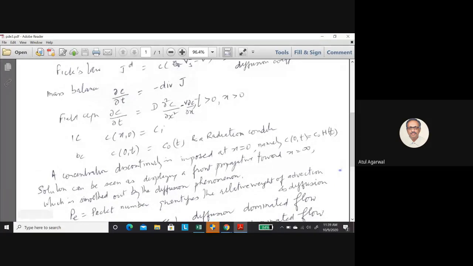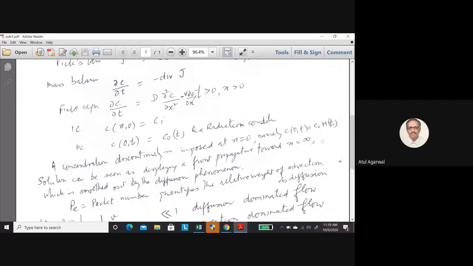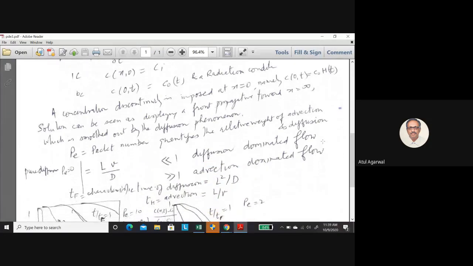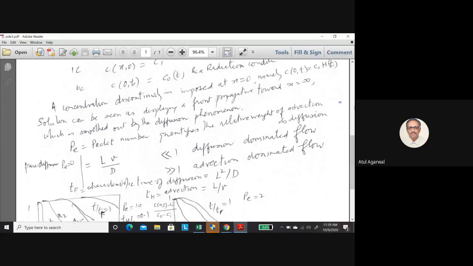So a concentration discontinuity is imposed at x equal to 0, namely C(0, t) is equal to C naught H(t). H(t) is a Heaviside function, which has value 1 for t greater than or equal to 0, and for t less than 0 its value is 0. This solution can be seen as displaying a front propagating towards x equal to infinity, which is smoothed out by the diffusion phenomena.